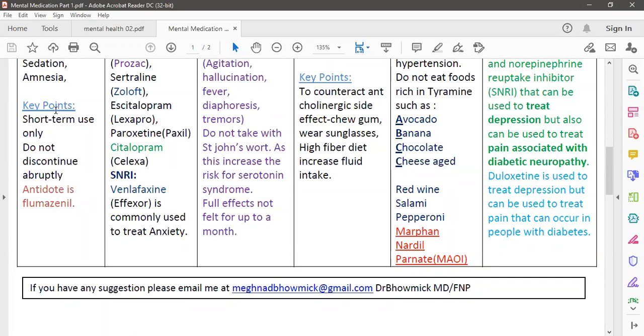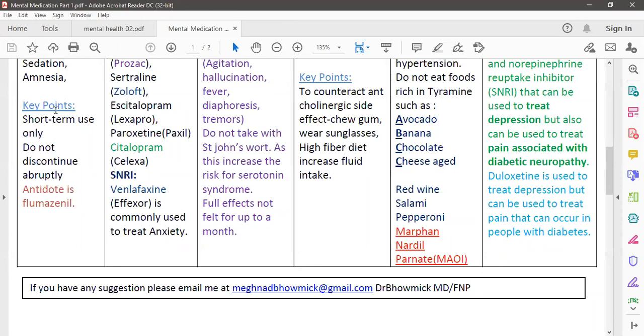Let me recap the NCLEX key points here. Benzodiazepines, especially diazepam, flurazepam, or lorazepam, are good to use for a short time because they're highly addictive. Also safer in elderly patients than haloperidol, an antipsychotic.